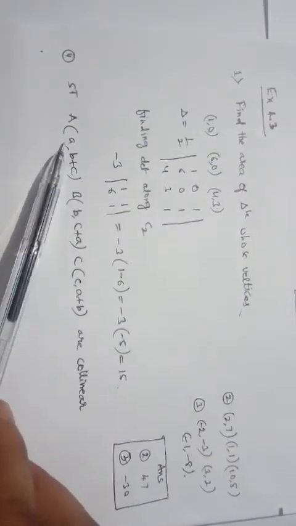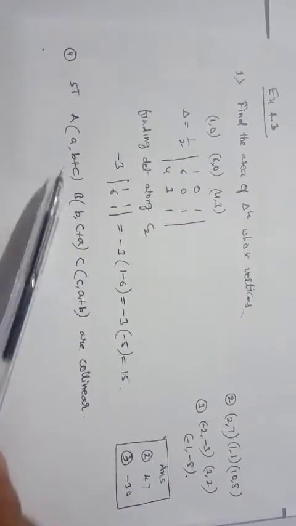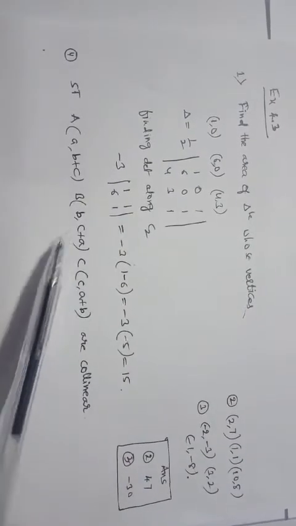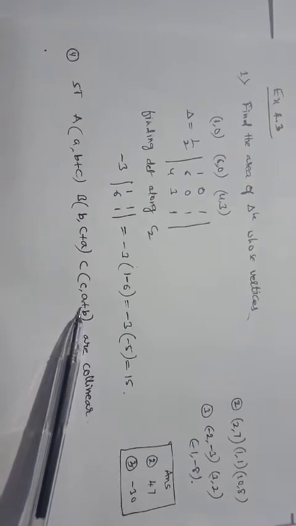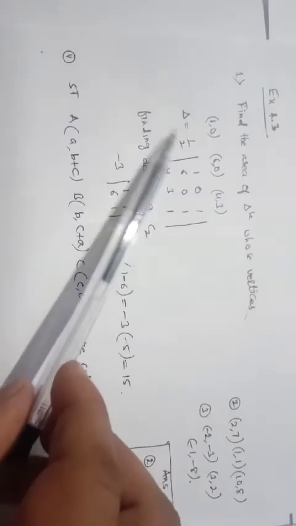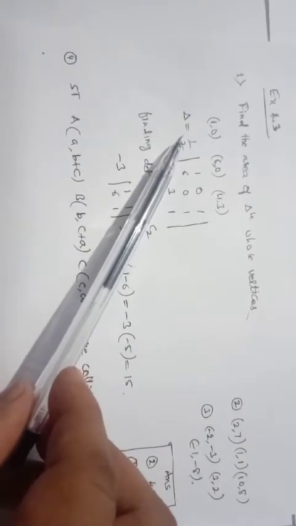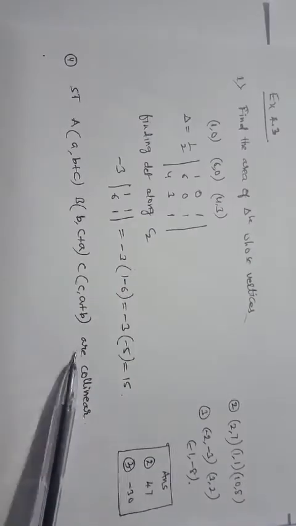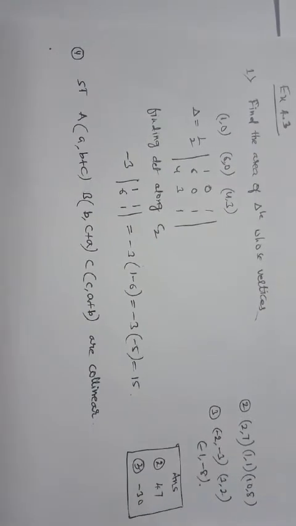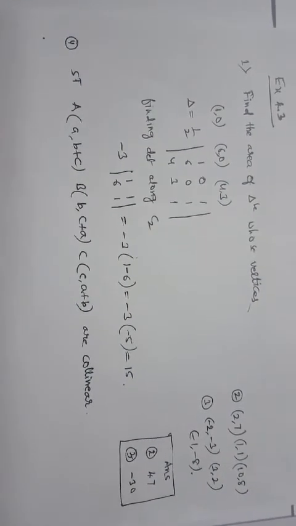So consider these points as x1, y1, x2, y2, x3, y3, and find out whether the area comes as 0 or not. If the area comes as 0, then the points are collinear. This question is also homework, so try and get the solution for it.